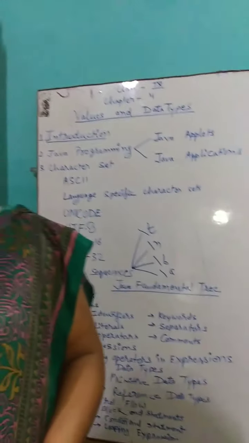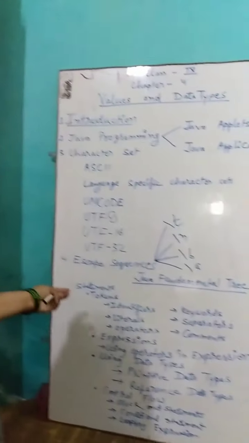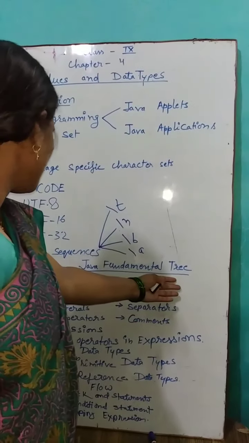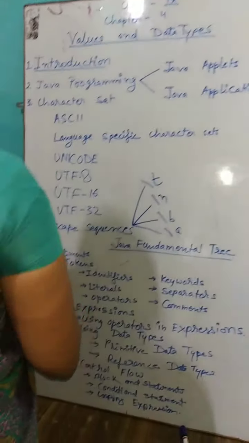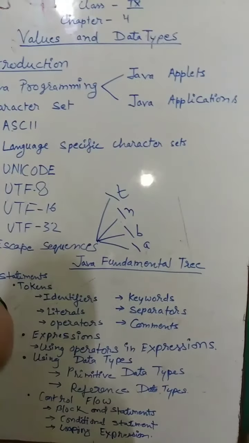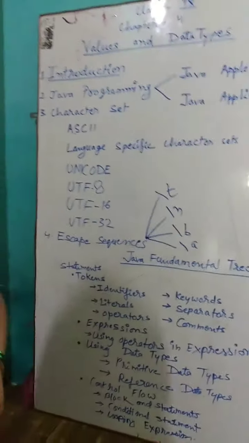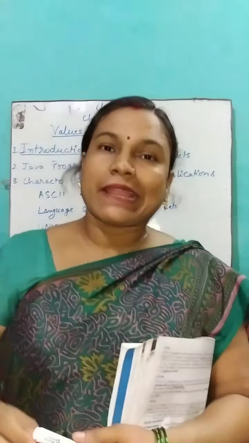Okay. Next is Java fundamentals. First is statement. What is a statement? Like, children, you write a sentence in English, just like that, a sentence in Java. If you code one line in the Java editor, that is a statement.